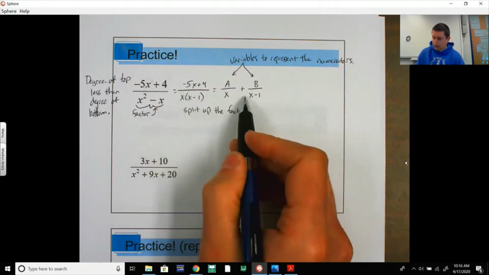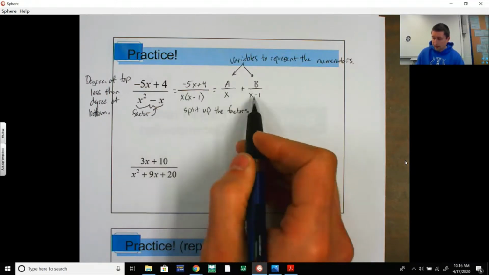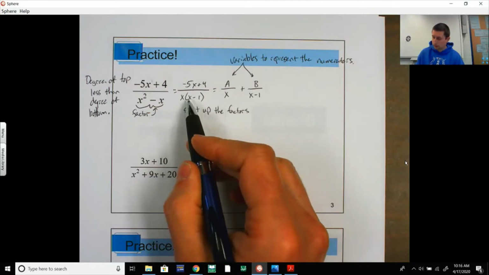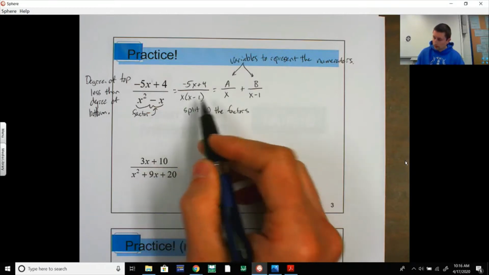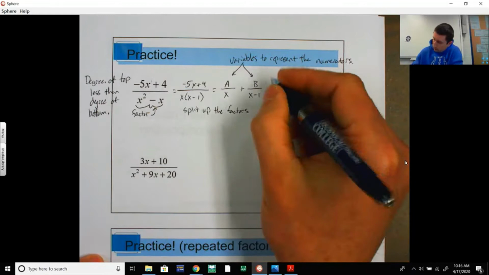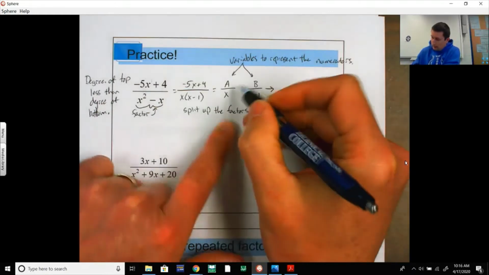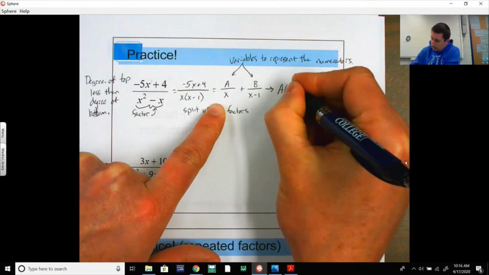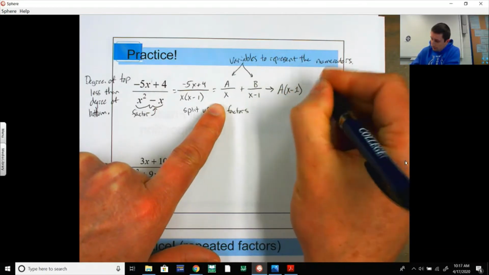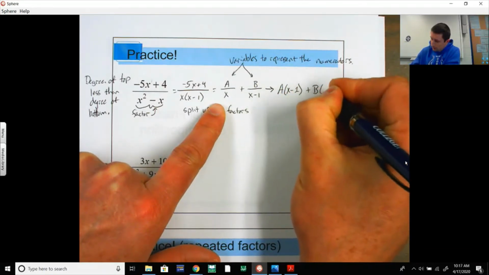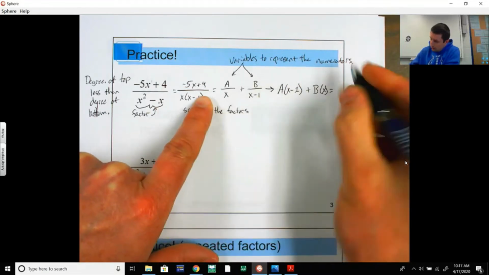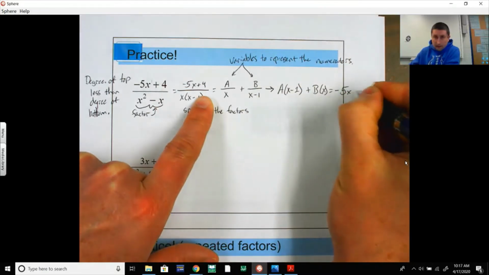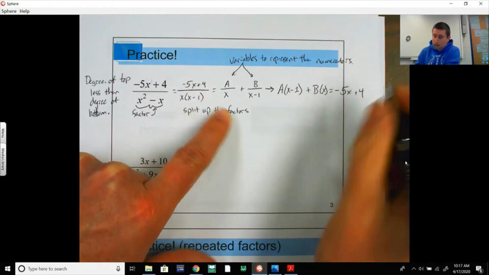Now, since we split these up, the common denominator is x times x minus 1. This is the key point. What we're going to do next is take a times x minus 1 plus b times x, and that should equal my numerator, negative 5x plus 4.